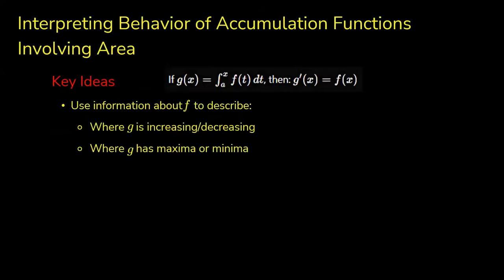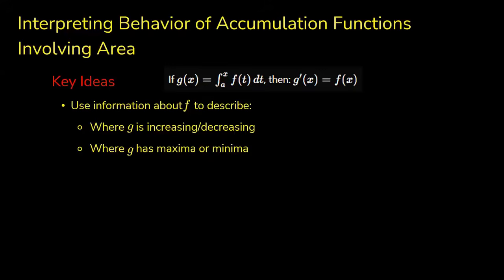Here are some key ideas that students often miss with interpreting accumulation functions. If g of x is defined as the definite integral from a to x of f of t dt, not only is g prime equal to f of x, but we can understand information from f to describe characteristics of g.